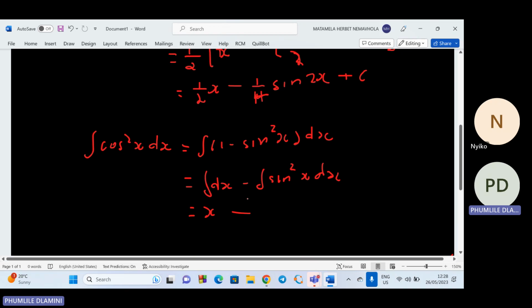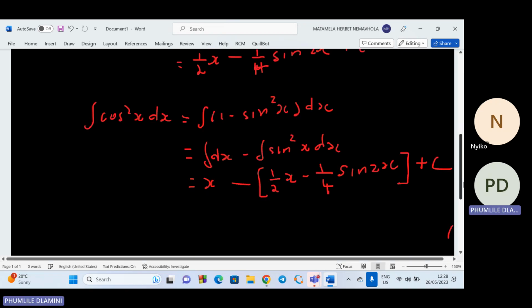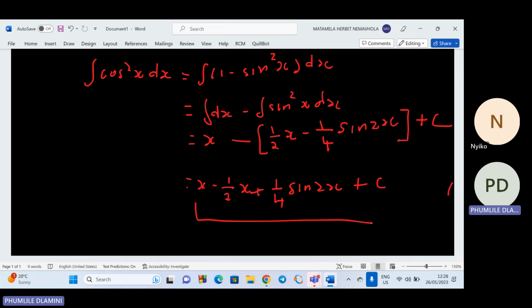We can just copy this, it is minus 1 over 2 x minus 1 over 4 sine of 2x, then we can say plus c. Then the final answer will be x minus 1 over 2 x plus 1 over 4 sine of 2x plus c. So my integral of cos squared x is going to be this result.